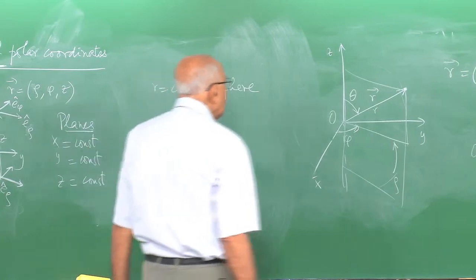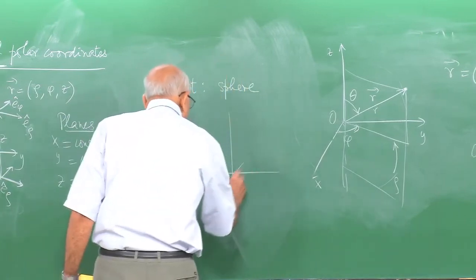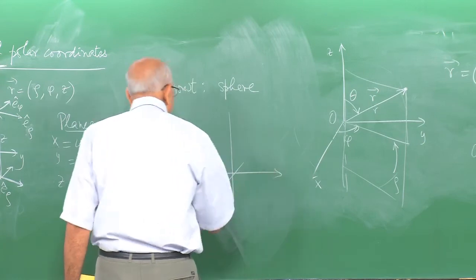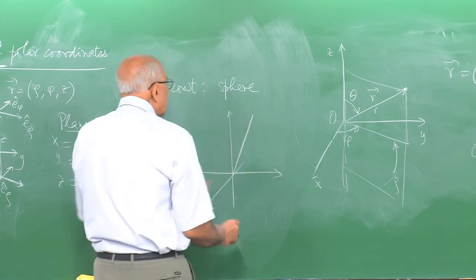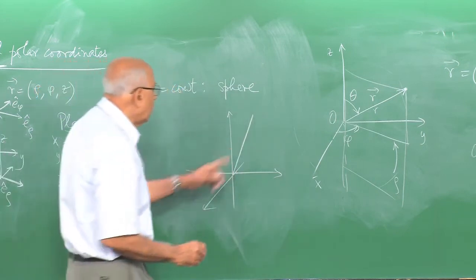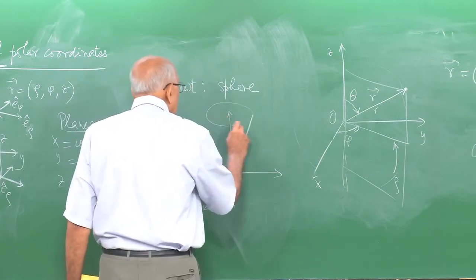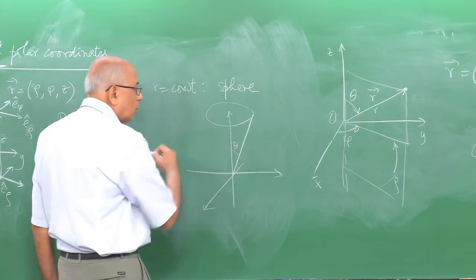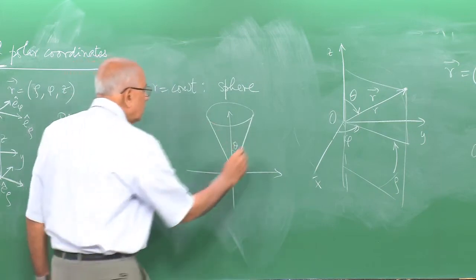What about theta equal to constant? Well, that's a little interesting, because now if this value of theta is constant, then no matter what phi is and no matter what r is, theta alone is constant. And since phi goes all the way around, the azimuthal angle goes from 0 to 2 pi, what you have is the surface of a cone.